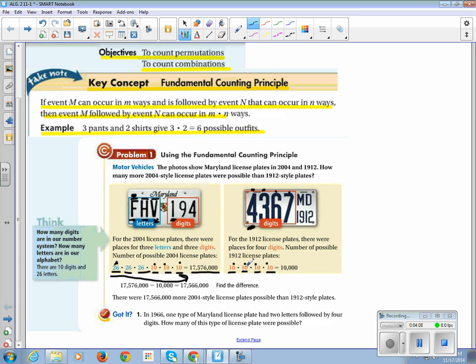That's 10 times 10 times 10 times 10, or 10,000. And then because the problem asks for how many more, we subtract the 2, and there are only 17,566,000 more possibilities in this 2004 style.